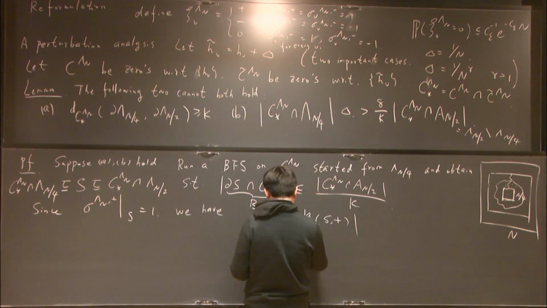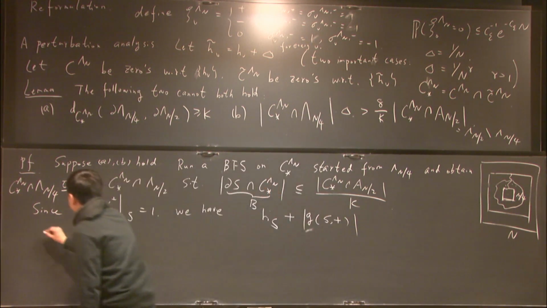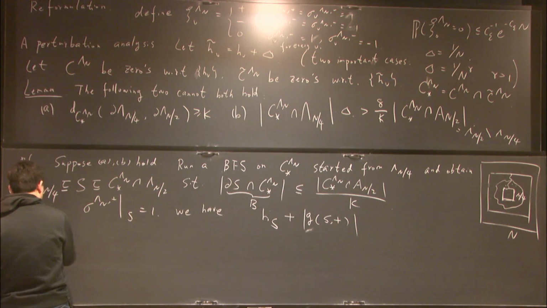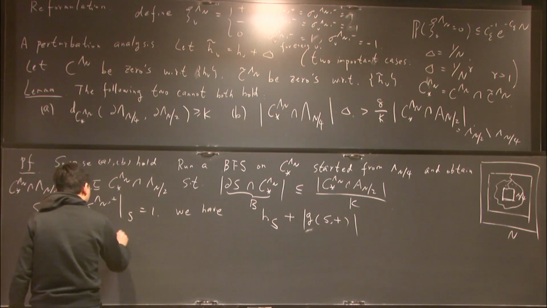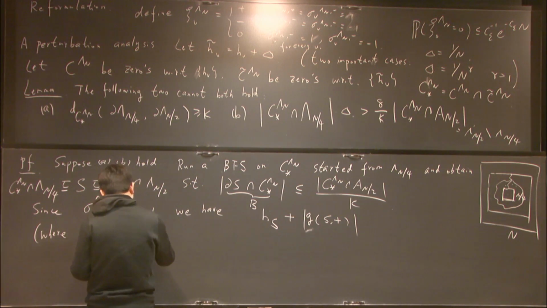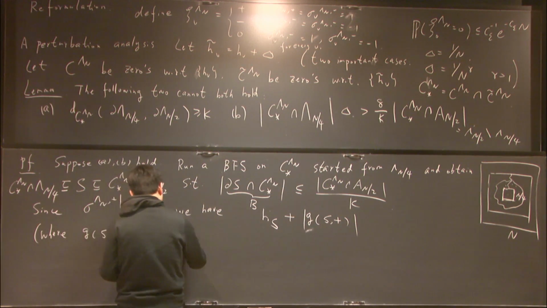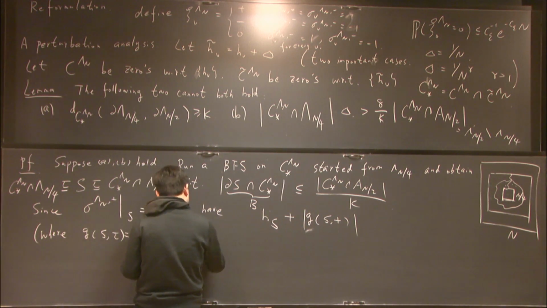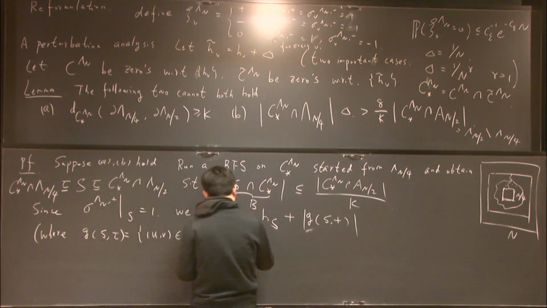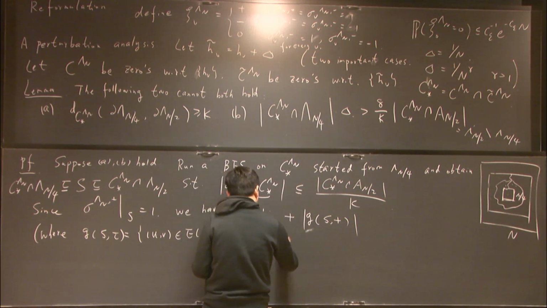Okay, I need to tell you what the G is. G of S tau is equal to the sum over pairs of vertices on the boundary where the value for the outside vertex is tau.